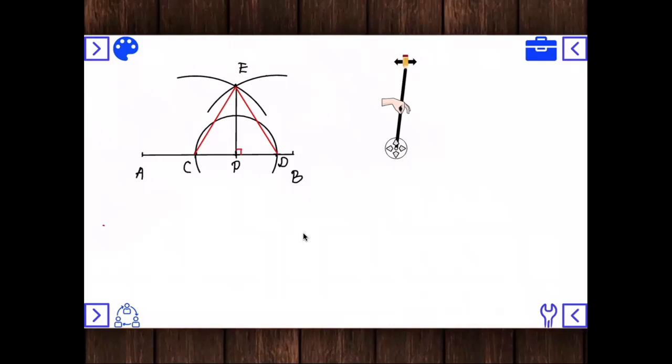And because the angle CPD or APB is a straight angle, it's 180 degrees, right? If angle EPC is equal to angle EPD, then they're both 90 degrees. And so we can prove that EP is perpendicular to CD. Okay, but can we do that?